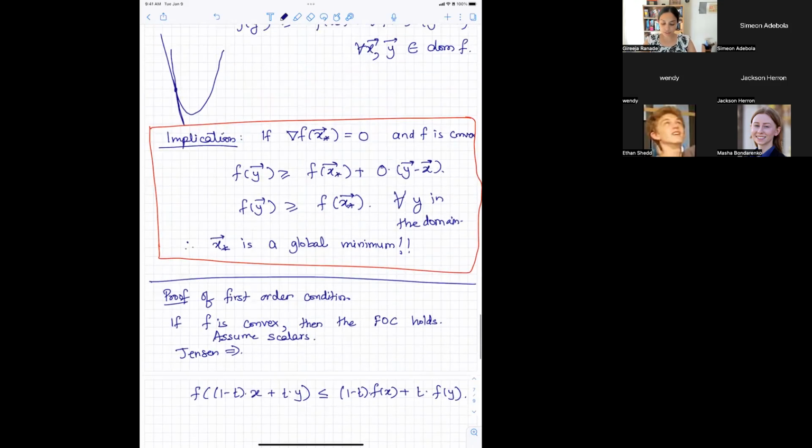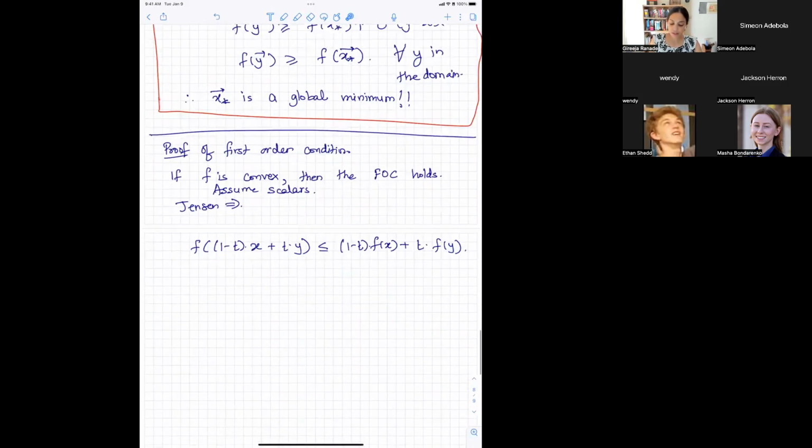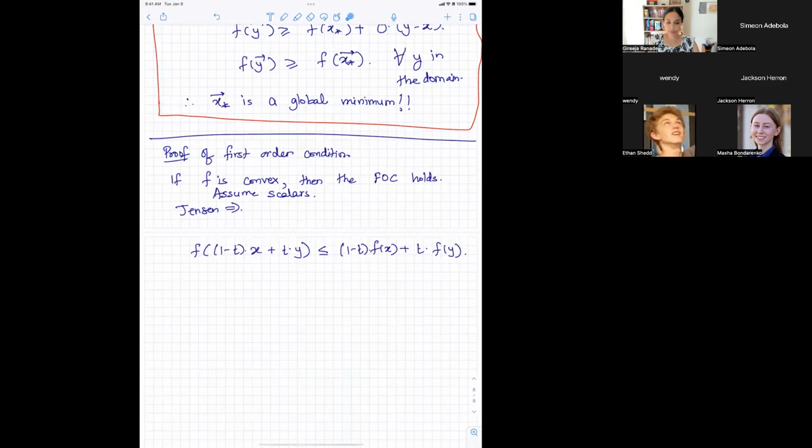So I want to be able to use this to get something that looks like this, right? This thing has some f of y on this side, f of x on this side. So let me just rearrange the terms to pull out the f of y on one side. So I get t times f of y is greater than or equal to minus 1 minus t times f of x plus f of 1 minus t times x plus t times y.